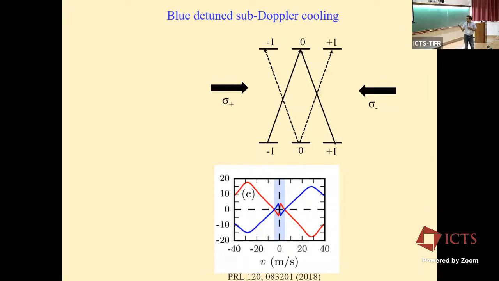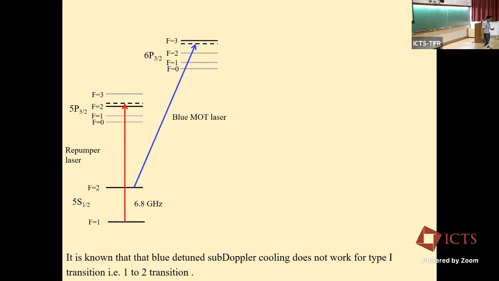And they got a blue detuned red MOT. So what did we try after this? The conclusion is, it is known that blue detuned sub-Doppler cooling does not work for type 1 transition, that is 1 to 2, it is well known. And also it is very fragile to stray magnetic field.